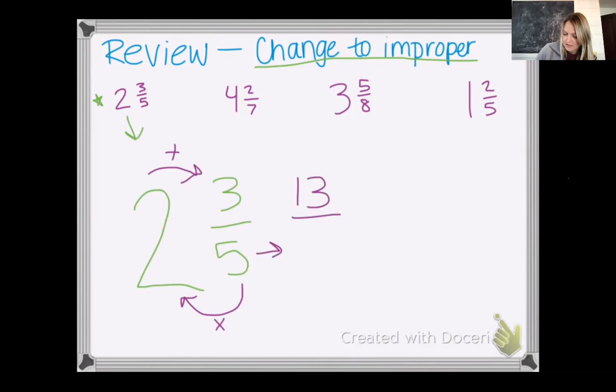And then I just keep my denominator of 5. Remember, we talked about making fractions mad. We said make it mad, which I say is multiply, add, and then denominator.